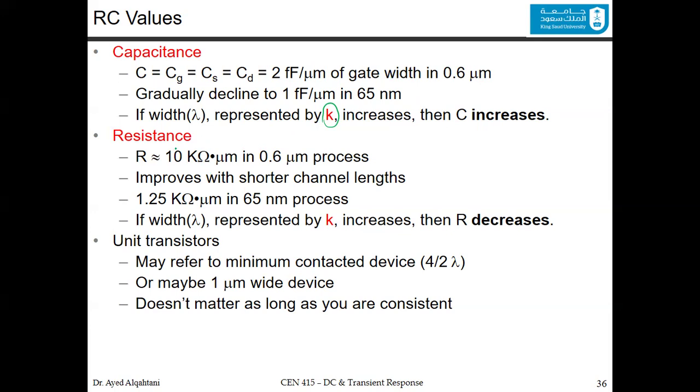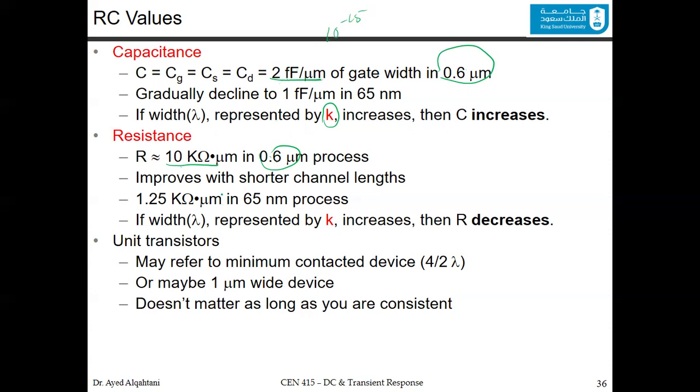Now for the resistance, it is approximately 10 kilo ohm times micrometer in the 0.6 micrometer generation, comparing this one to the same one over here. So this is both in 0.6 micrometer. The resistance is 10K, and here the capacitance is 2 femto. By the way, femto is 10 to the power of minus 15, if you don't know. That's the small letter f, 2 femtofarad.